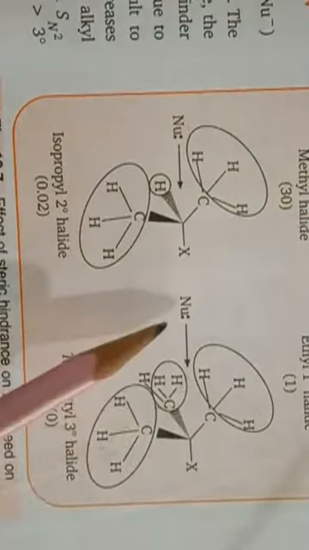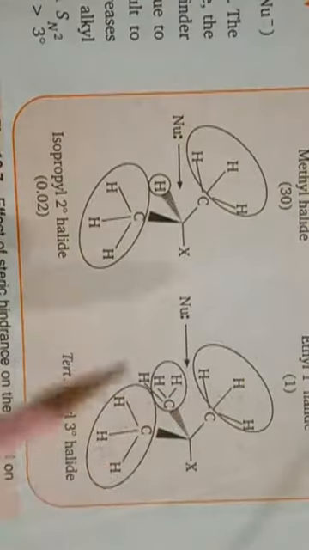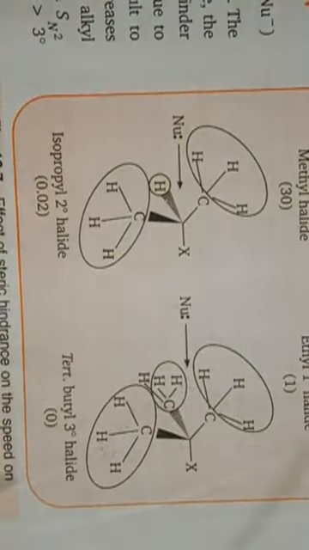So repulsion will be there among these alkyl groups. Okay, and due to this repulsion, the attack of the nucleophile will become hardest here. Okay, and this hardest condition due to the presence of these bulky groups is known as steric hindrance.